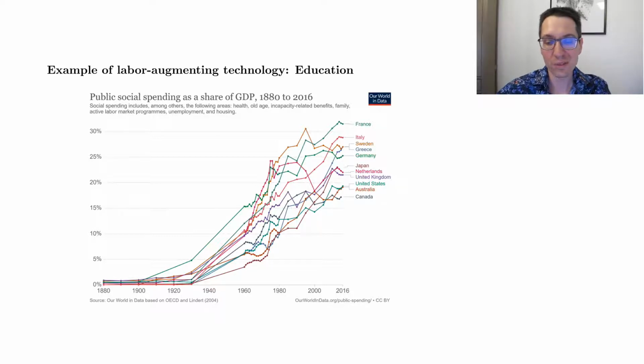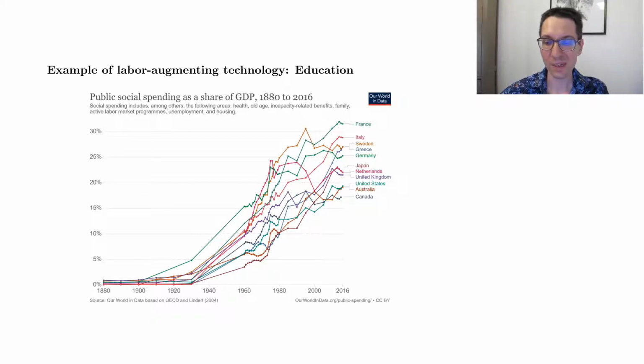It's hard to say whether investment in education has been exponential over time, but still it's pretty striking that since the 19th century, public spending as a share of GDP on education has increased very much, from almost nothing to now above 30% in France. It's not to say that France has the best education, but education is taken very seriously in France.